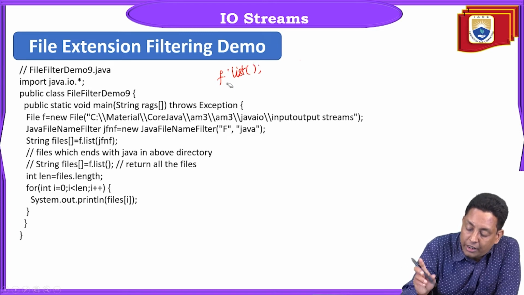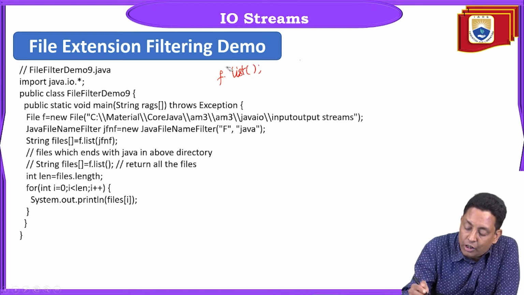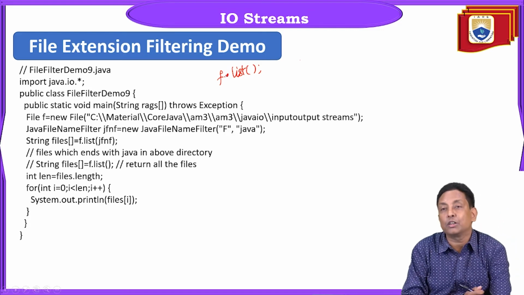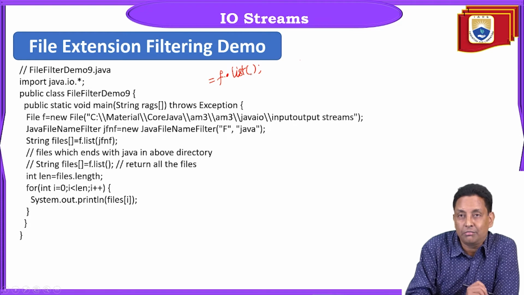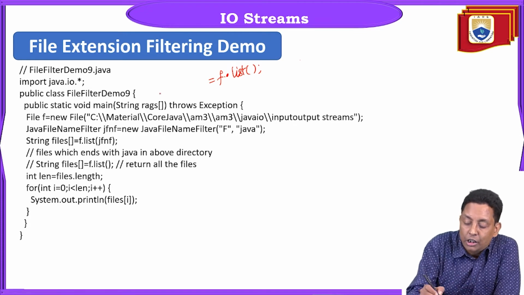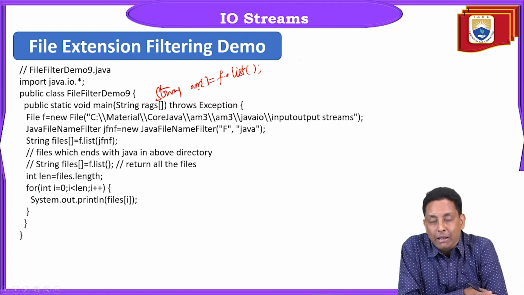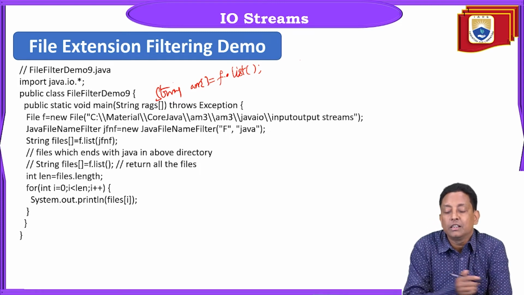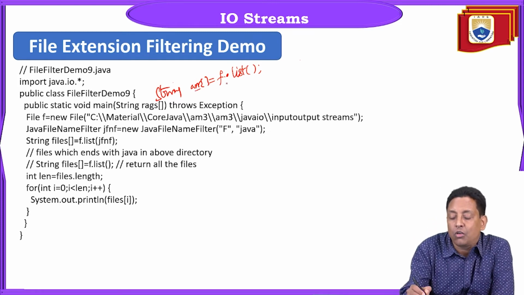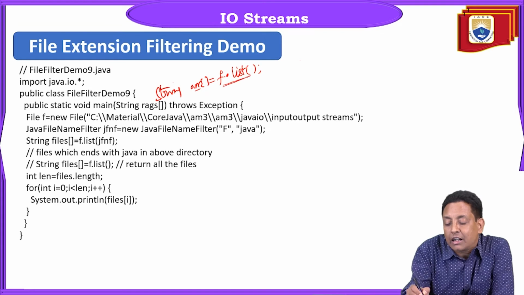Generally, the list method is overloaded two times. Suppose you call the file.list method without any argument, you will get a string array. Do you know what that string array contains? The string array contains all the files and directories that exist in this file object.